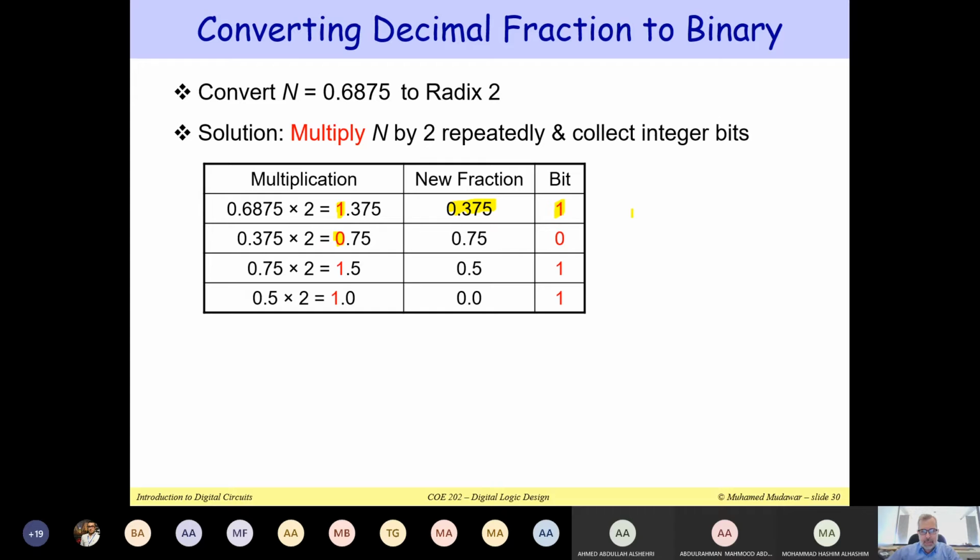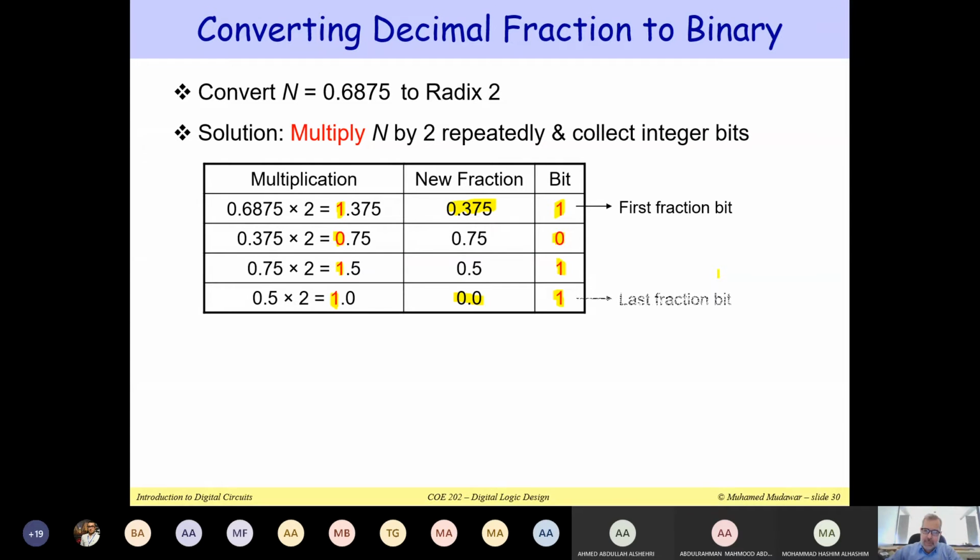So the 0 here is the second bit. We take the 0.75 and multiply it by 2, we get 1.5. So this one here is my third fraction bit. Now we take only the fraction, which is 0.5, multiplied by 2, we get 1.0. So this one will be my fourth fraction bit. But now the new fraction is 0.0, so stop when the new fraction is 0.0.